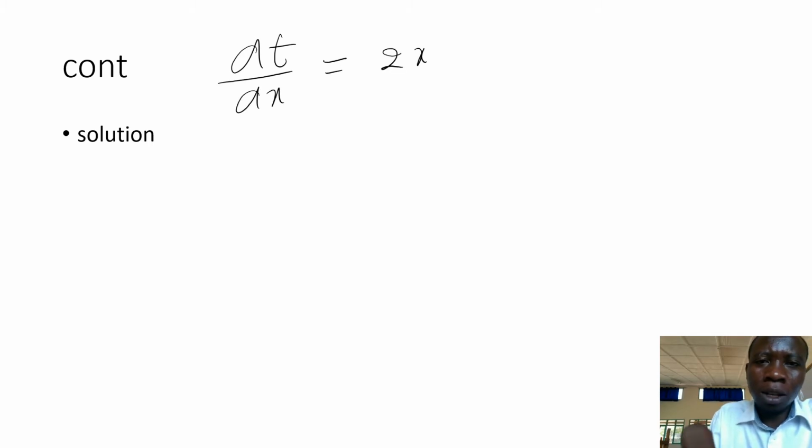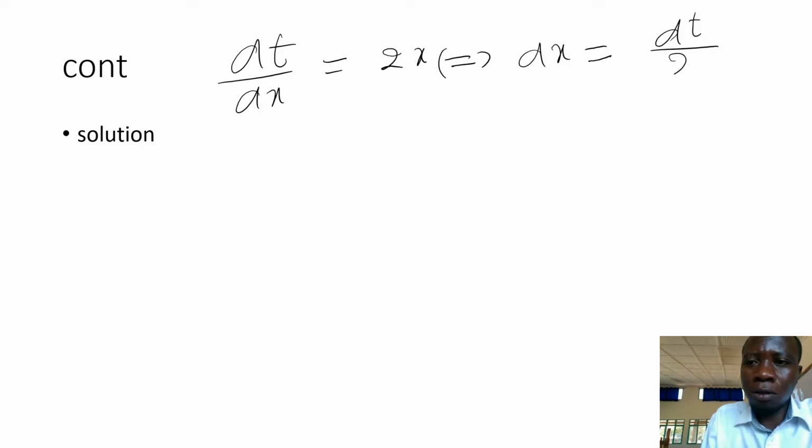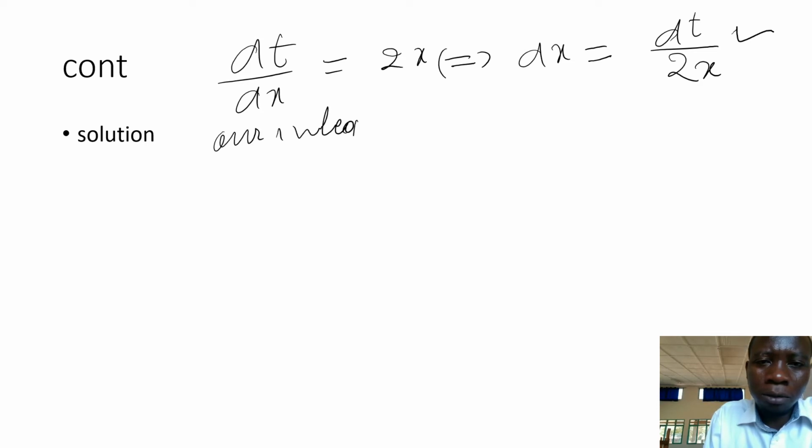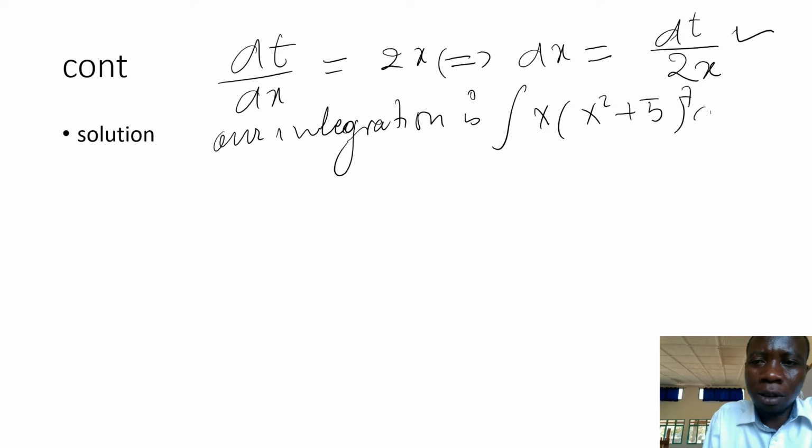It means that dt/dx is equal to 2x. From here, dx is equal to dt over 2x. We are going to use this to replace in the original integral. Remember that our original integral was x into (x squared plus 5) power 7 dx.